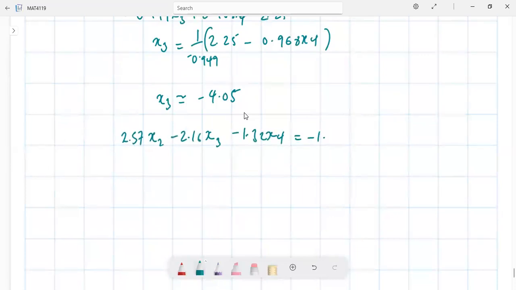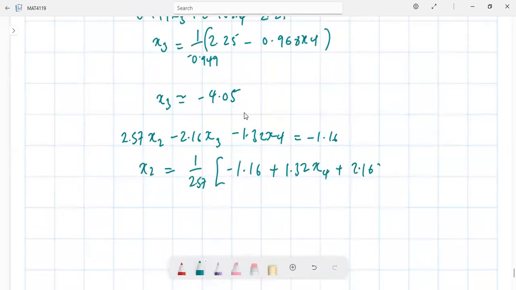This gives about negative 1.16, and you have to solve for x2, right? Because that's the only value we don't know. So this will be 1 over 2.57 times negative 1.16 plus 1.32 x4 plus 2.16 x3. So all you need to do is substitute the previous values you found for x4 and x3, and this should give you approximately negative 4.70.